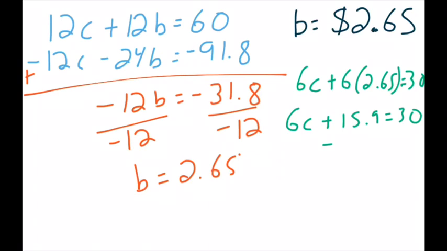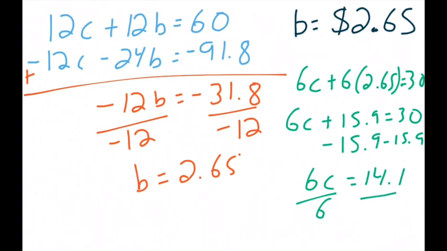I'm going to subtract 15.9 from both sides. I get 6c equals 14.1, divide both sides by 6. And we get that c equals, this time, $2.35.